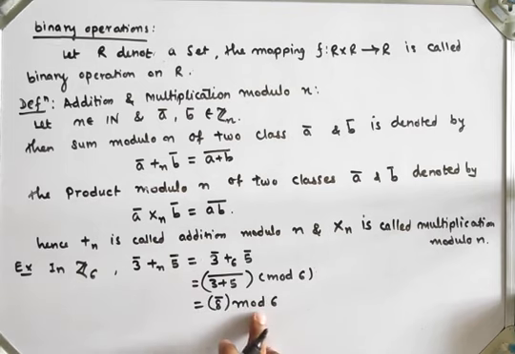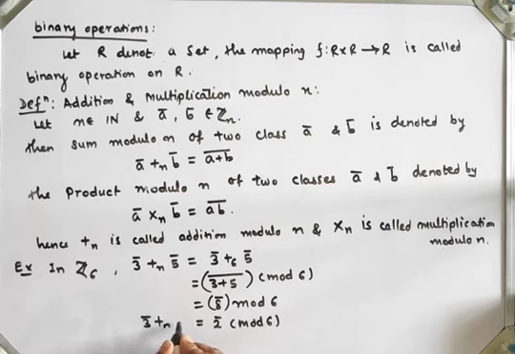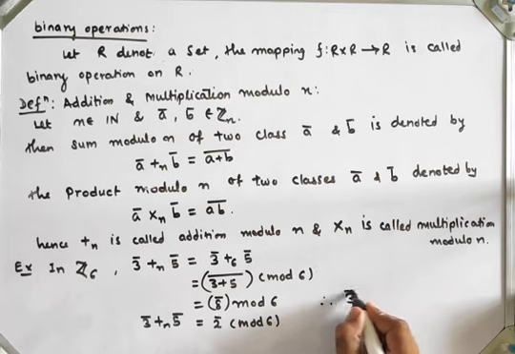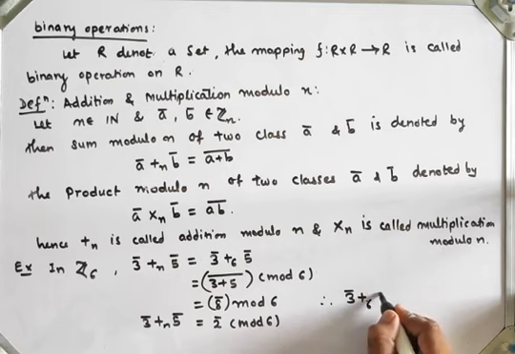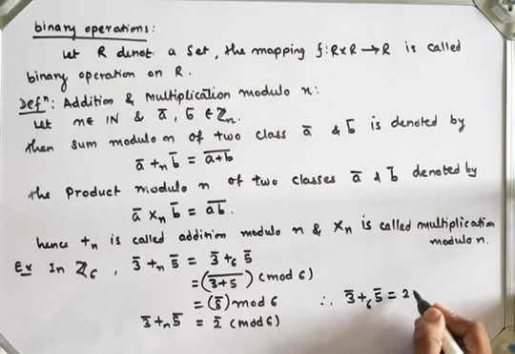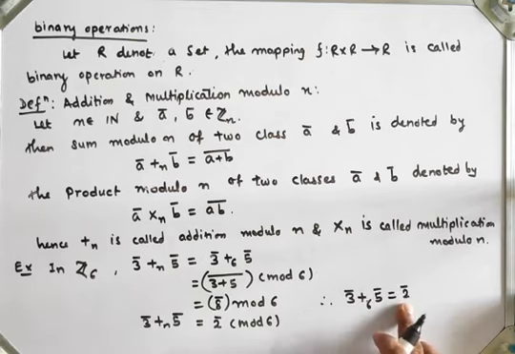If we divide 8 by 6, the remainder is 2, which means the residue class of 2 modulo 6. Therefore 3 bar addition modulo 6 5 bar is the residue class of 2.